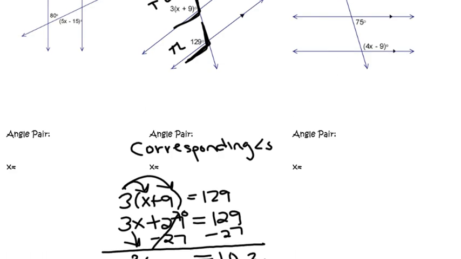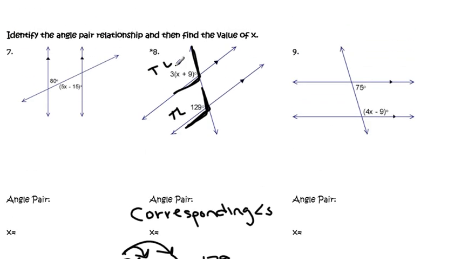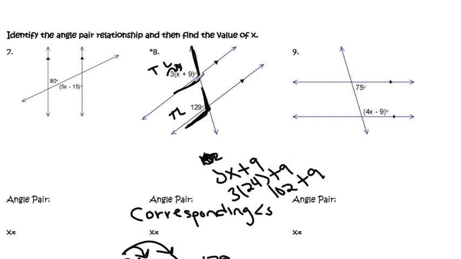And I definitely want to go back up and check. If I put 34 here, then I have 3 times 34, which is 102, and then I would add 27 to that.